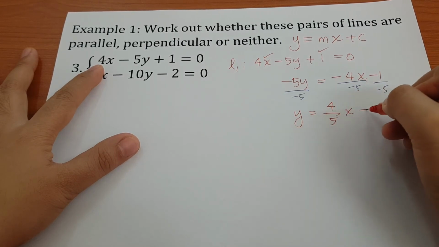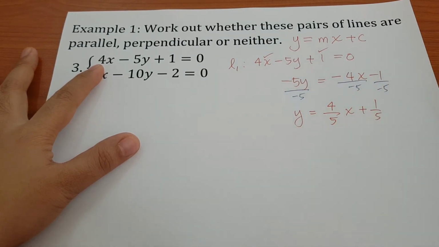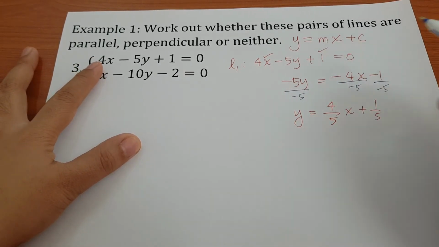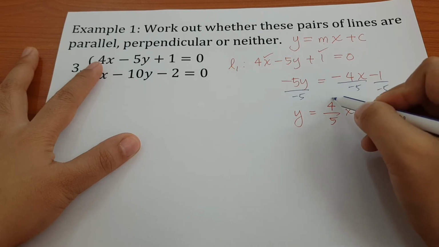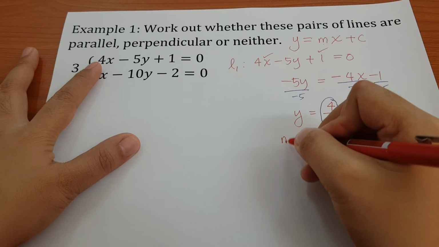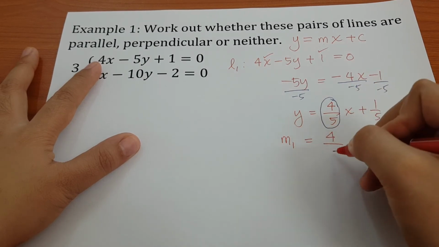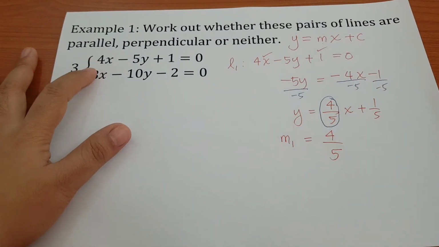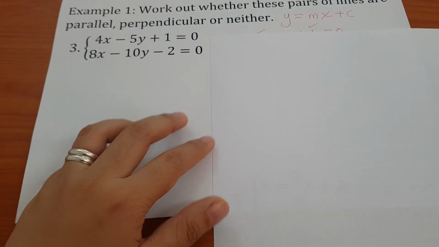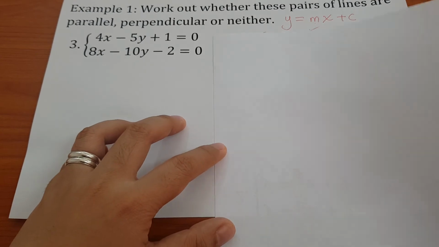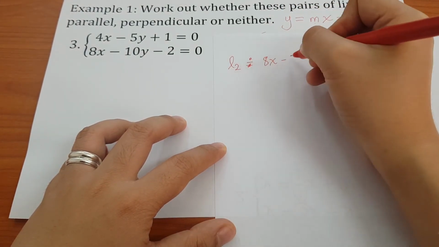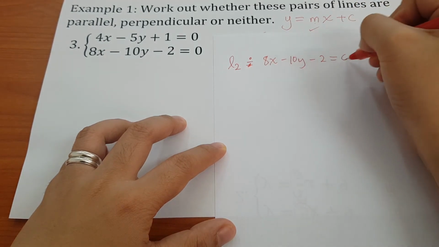4/5 x plus 1/5. So since we changed the line into this form, the coefficient of your x is the m. So your m1 is 4/5. Now let's go to line 2. Line 2, 8x minus 10y minus 2 equals 0.